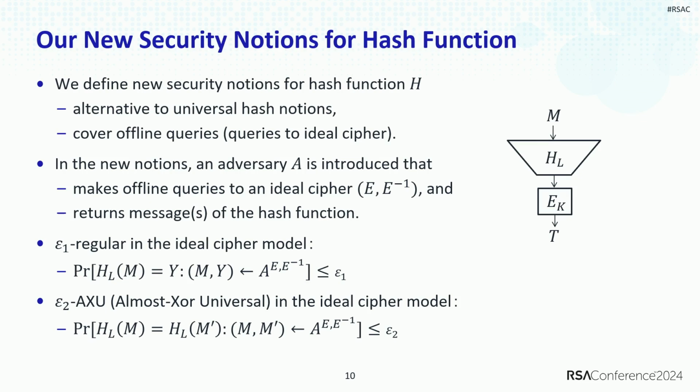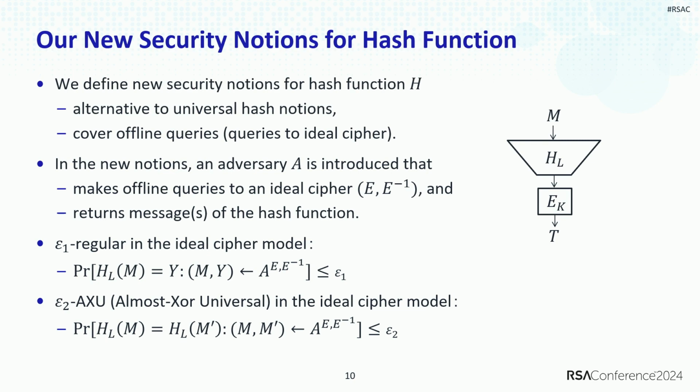In our new security notions, we introduce an adversary that makes offline queries to an ideal cipher, and the adversary returns the message of the hash function. We define two security notions. The first is epsilon1-regular hashing in the ideal cipher model, where the adversary's goal is to find a valid message and a valid output of the hash function.